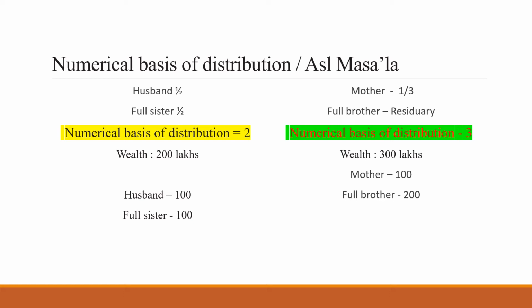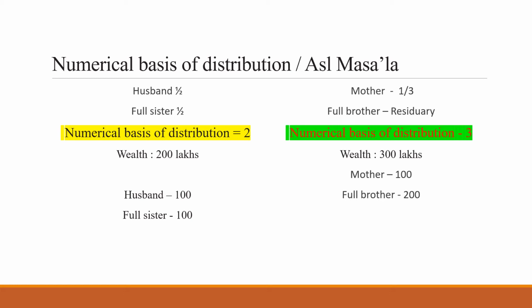So the estate should be divided into 2, because the numerical basis of distribution, Aslul Mas'ala, is 2. 2 is the numerical basis upon which the inheritance will be distributed to its heirs. So 200 lakhs will get divided into 2. 100 goes to the husband, another 100 goes to the full sister. Did you get the point of numerical basis? Definitely this is a very clear example.